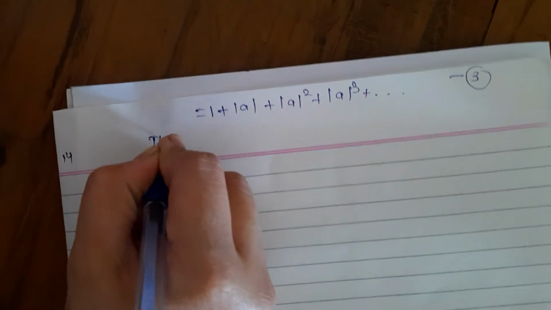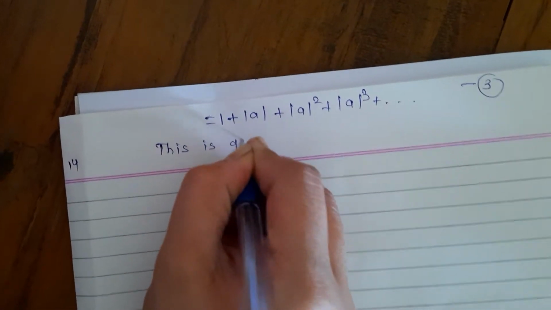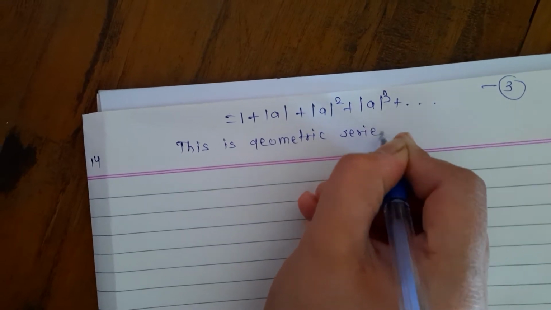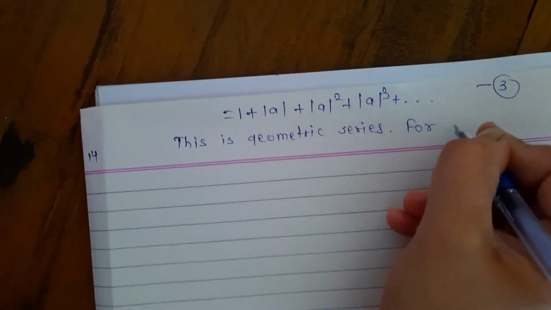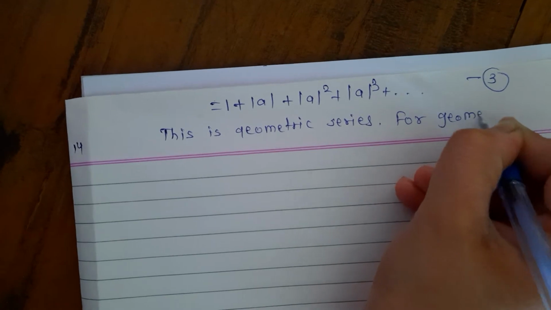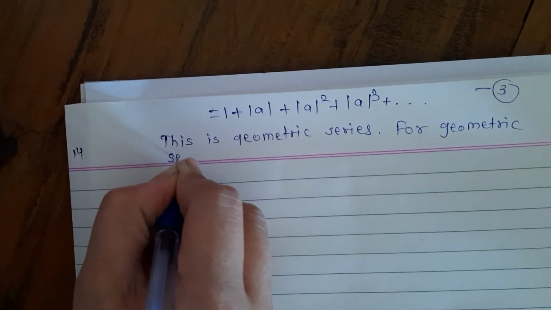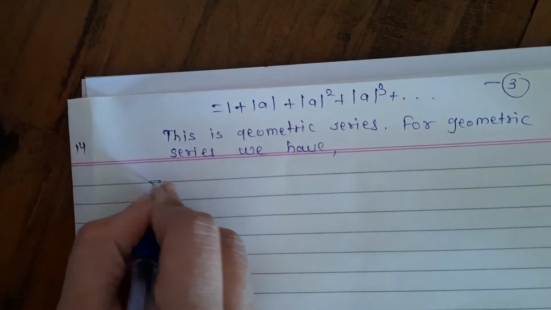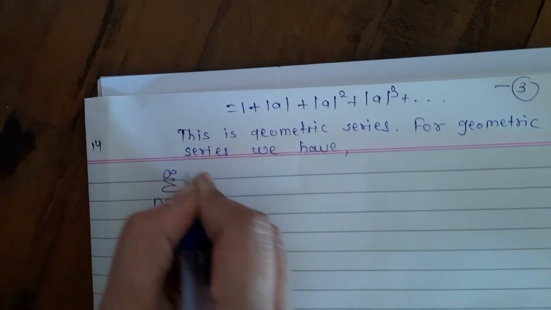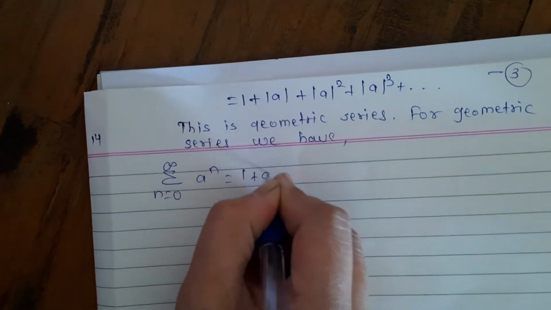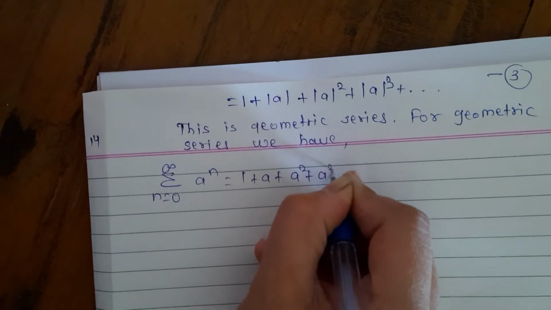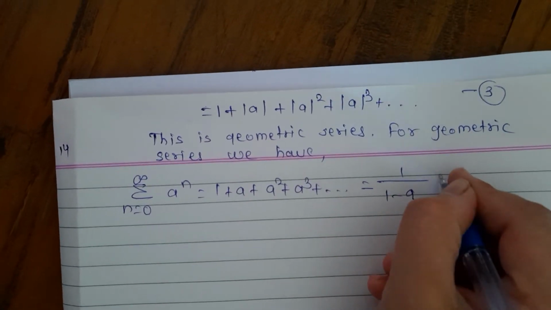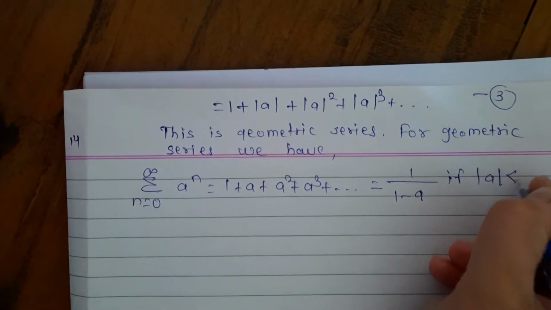Now this is a geometric series. For a geometric series we have summation n goes from 0 to infinity a raised to n, 1 plus a plus a square plus a cube plus dot dot, that is equal to 1 by 1 minus a if mod of a is less than 1.